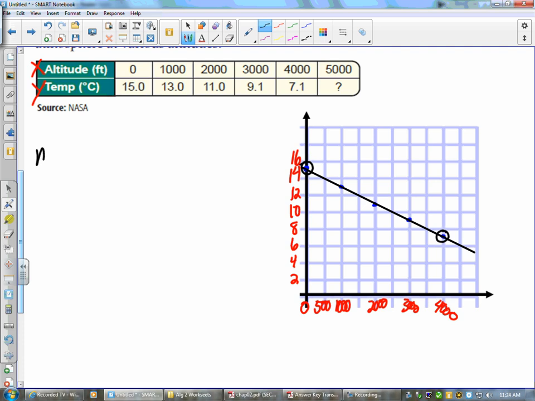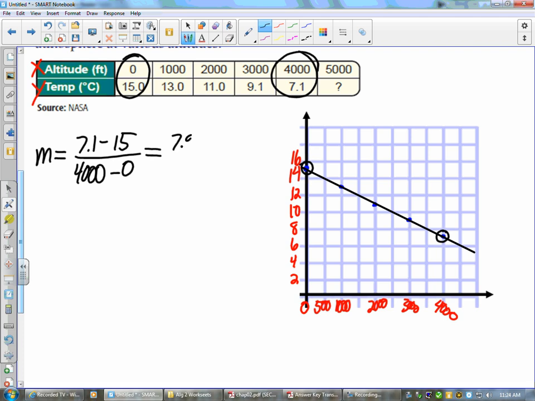So slope equals y2, so if I'm using this point and this point, y of the second point will be 7.1 minus the y of the first point, which is 15, over the x of the second point, which is 4,000, minus 0. So 7.1 minus 15 is about negative 7.9 over 4,000.